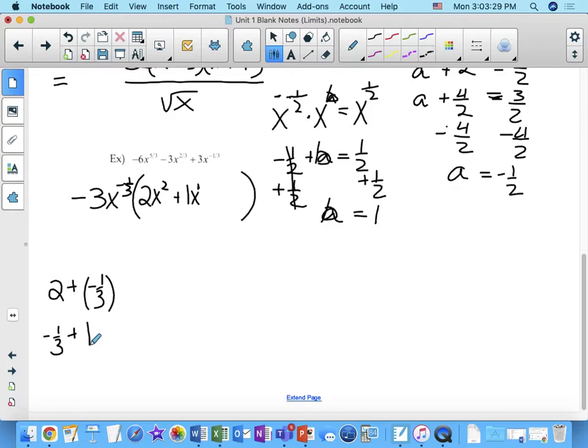Because when we factor out, we want to end up with what we started with. Is negative 1/3 plus 1, that's 2/3? Yeah. And then of course this one, when you factor out negative 1/3, you're just left with a number, so plus 1.